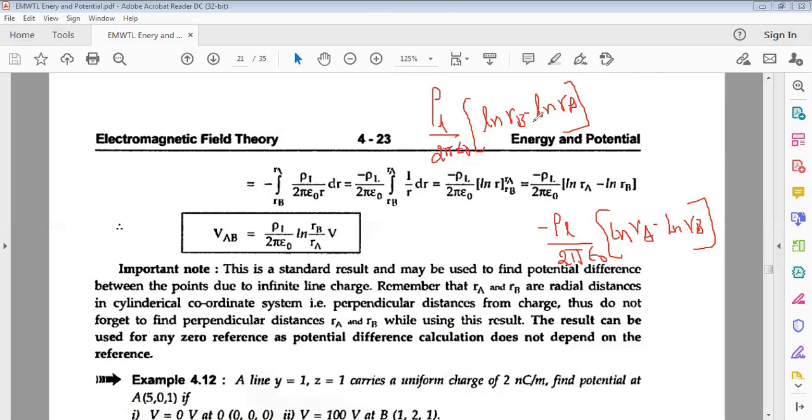Got it, my students? You can also represent this as RB by RA. So V is equal to rho L by 2 pi epsilon naught ln of RB by RA, in volts.